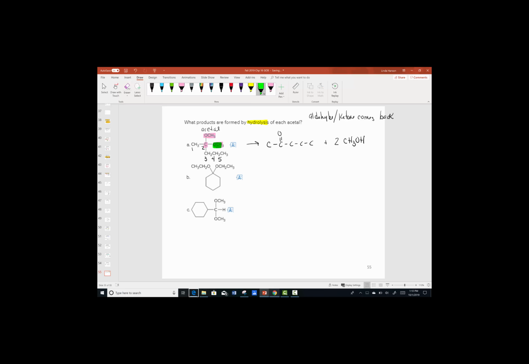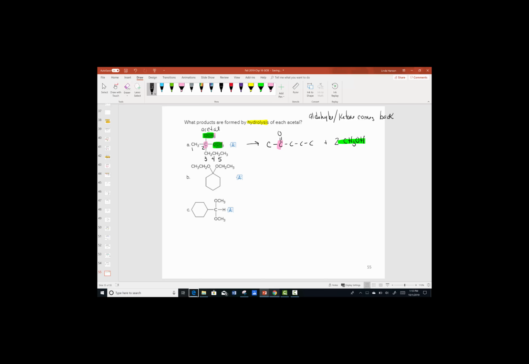So these are the alcohols that come out here, and on carbon number 2, this is our carbon number 2. This is where we see the return of the carbonyl. So we created 2-pentanone, a ketone.